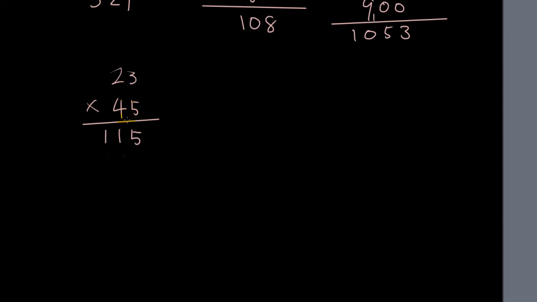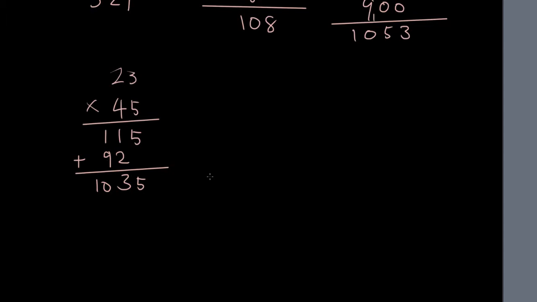So 4 times 3 is 12, so let's write that down. 4 times 2 is 8, let's write that down. So it's actually 1 plus 8 is 9, so you can actually just write 92 here. So then we can add them together. So it's 5, 1 plus 2 is 3, 1 plus 9 is 10.